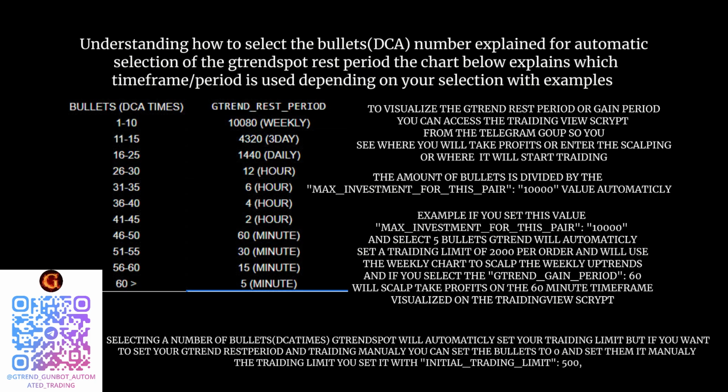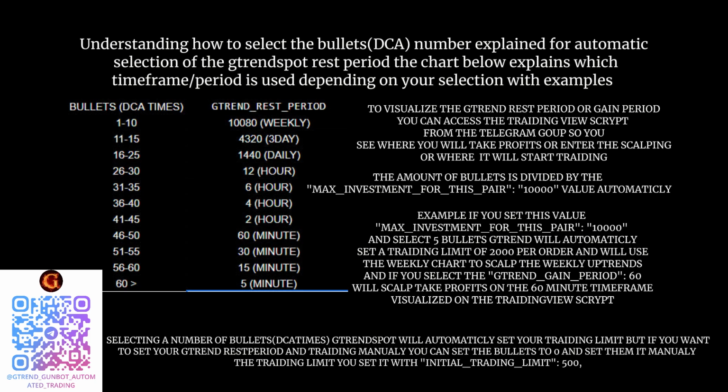All you have to do is choose the bullets, and the periods as well as the trading limit and everything else will be set automatically. You pretty much only need to set the bullets that you want. For example, if you choose 5 bullets, this will trade on higher time frames.